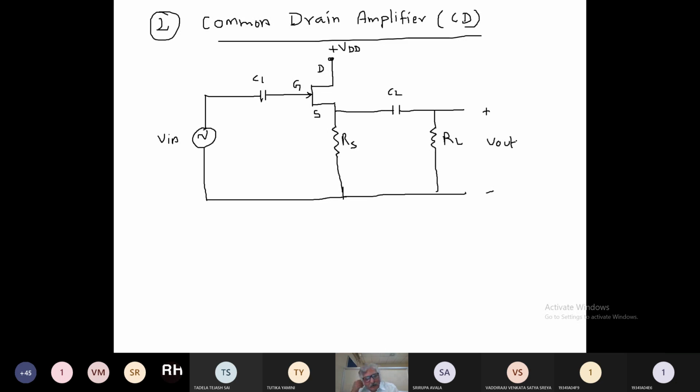Right? So we are taking the output across source and ground in common drain, whereas in case of common source, we take the output across drain and ground, right? In that way, we were taking the output. Okay. So now this is our figure number 1.